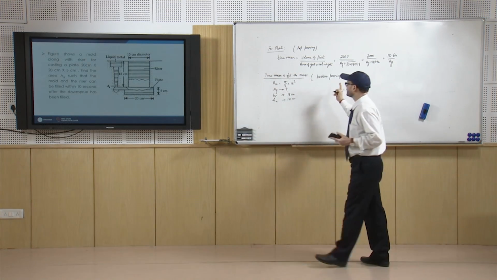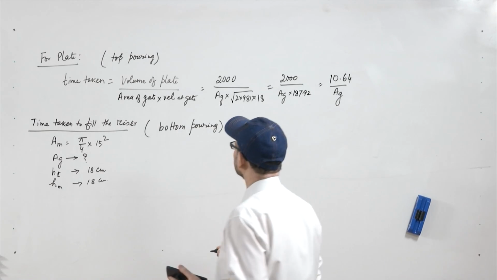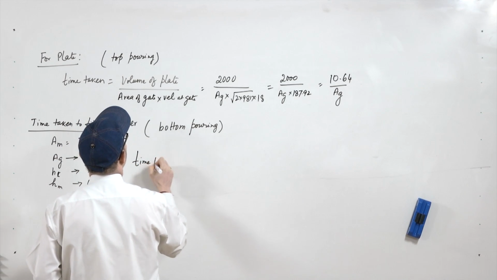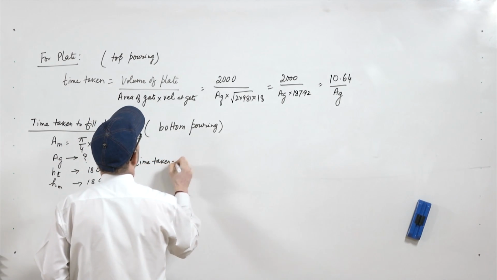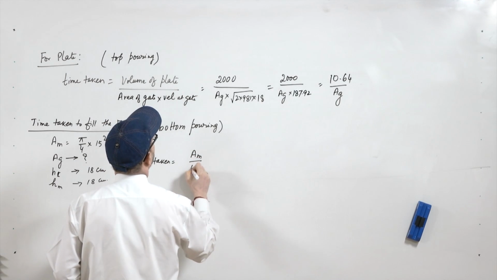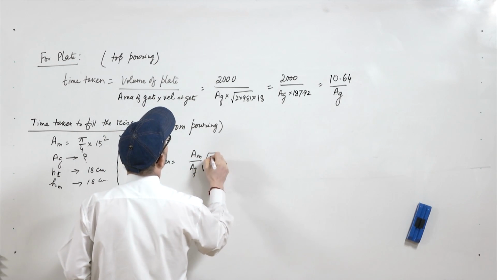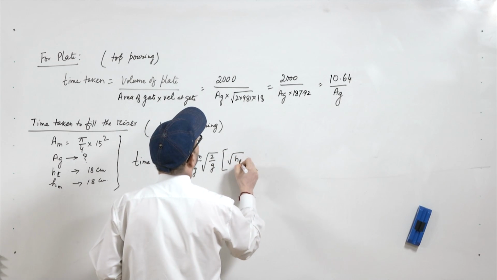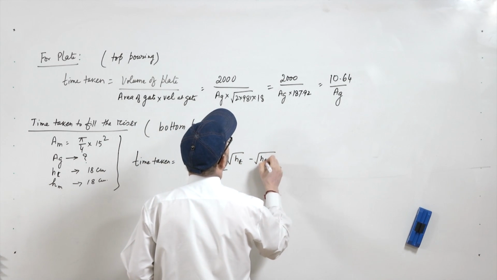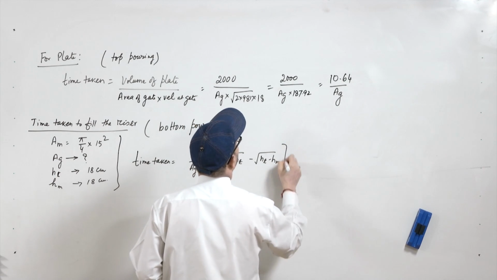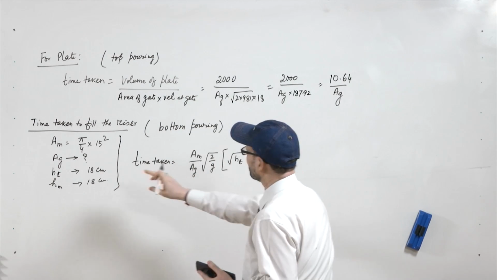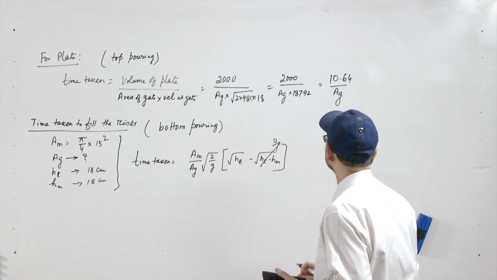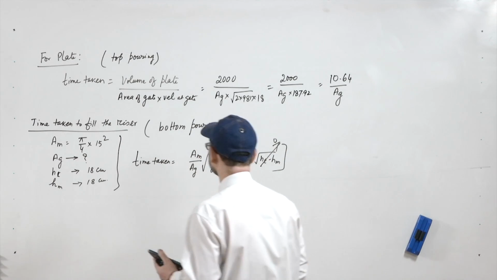So, if we take the bottom pouring, the time taken will be Am upon Ag into under root 2 by g into under root Ht minus under root Ht minus Hm. Since Ht and Hm are same, this term will vanish to 0. So, we are left with this term.